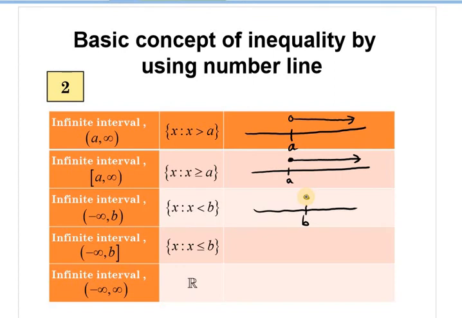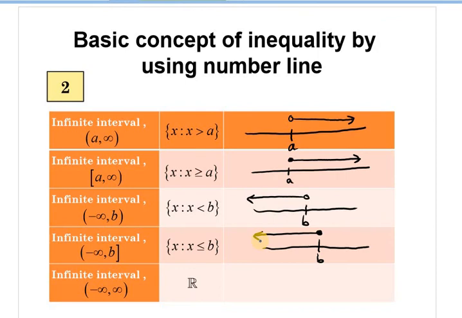Since it's from negative infinity, it will go straight to the left. Alright, so let's try the next infinite interval. We have B here. Since it's included, it will be a dense circle. So less than or equal to. That means it goes straight to the left.